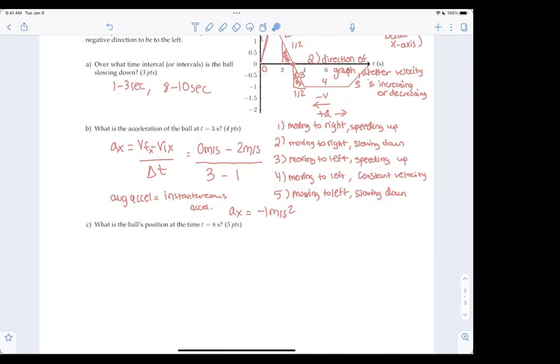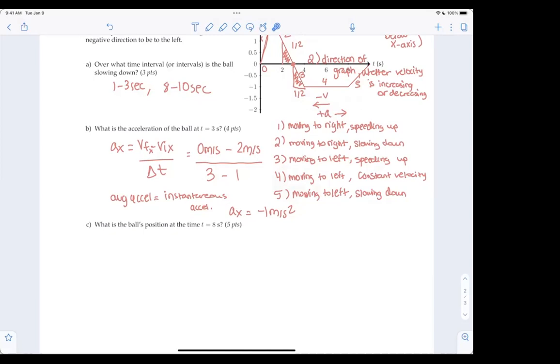So base 1 basically is this base right here. Base 2 is this base right here. Those are the bases of a trapezoid. So from 4 to 8 seconds, that's a 4-second interval. And then from 3 to 10 seconds, that's a 7-second interval.